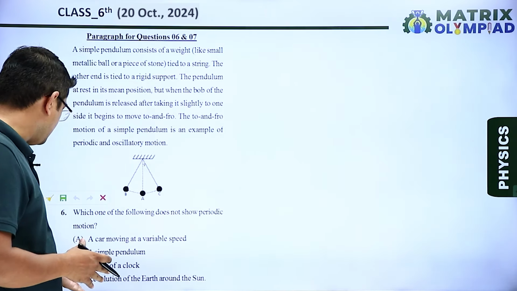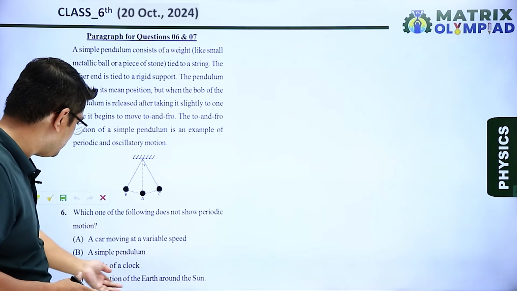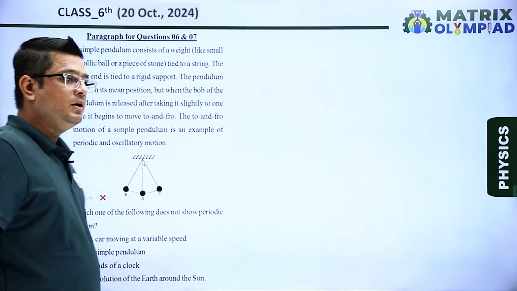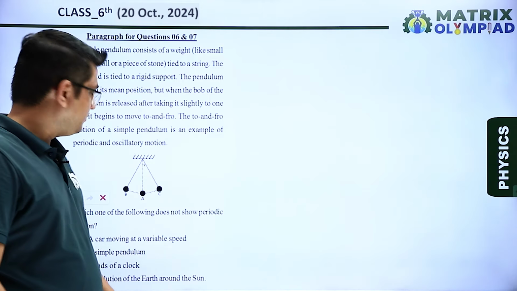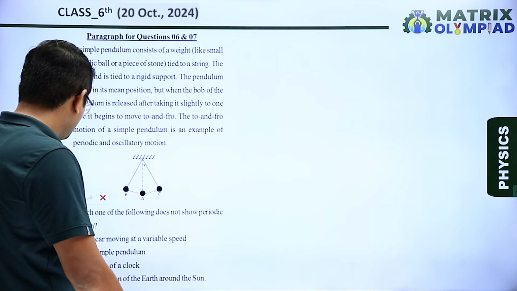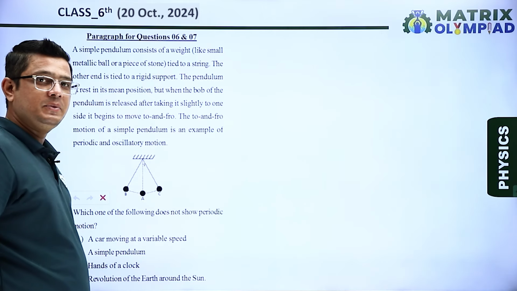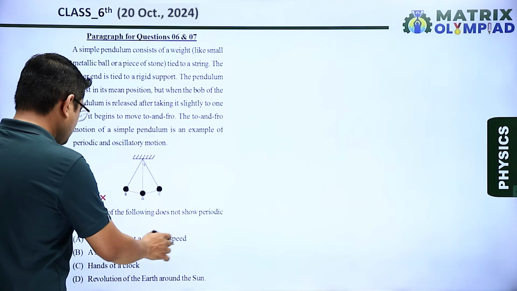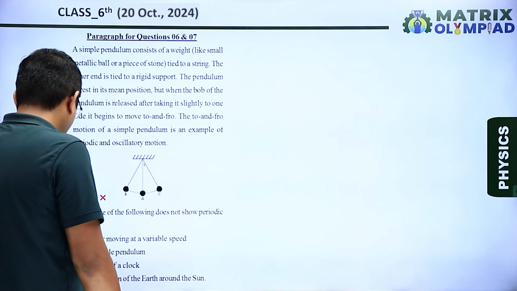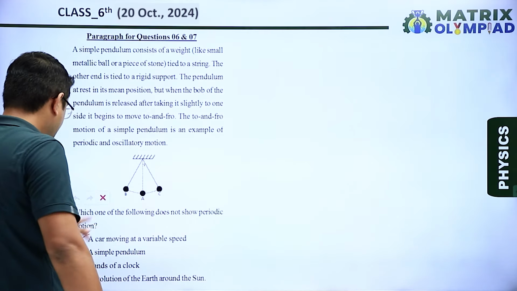Let us start from option D. Revolution of earth around the sun is a periodic motion because the earth revolves around the sun and repeats its motion in a fixed time interval. Hands of a clock is also a periodic motion. A simple pendulum also shows periodic motion, but a car moving with variable speed is not a periodic motion, that is a type of random motion. So option A is our correct answer.